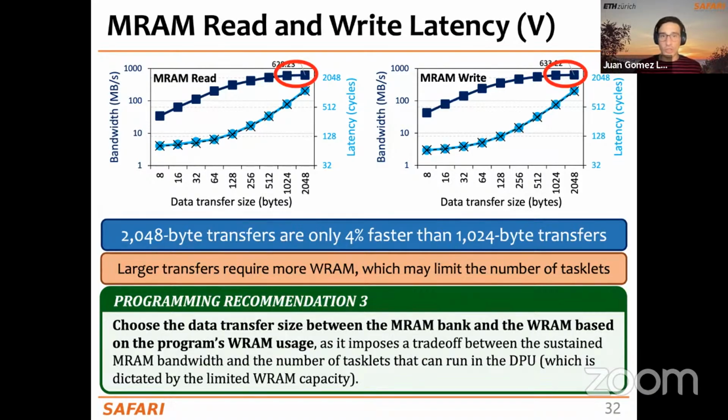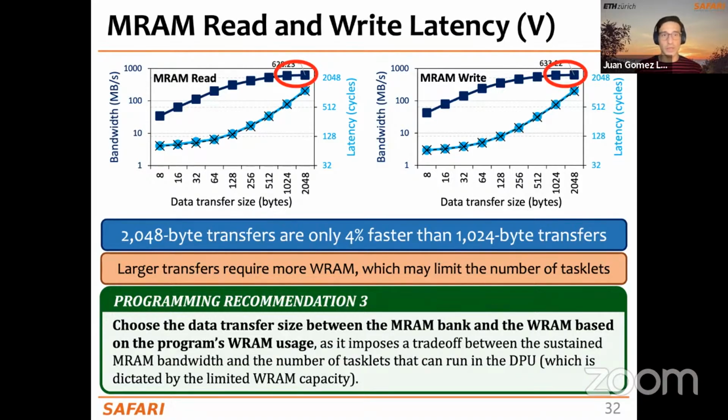So if we are using 16 tasklets, it's only 4 kilobytes per tasklet, out of the 64 kilobytes. So depending on how much space we need to allocate in WRAM for each tasklet, it may end up happening that we need to reduce the number of tasklets that we use.